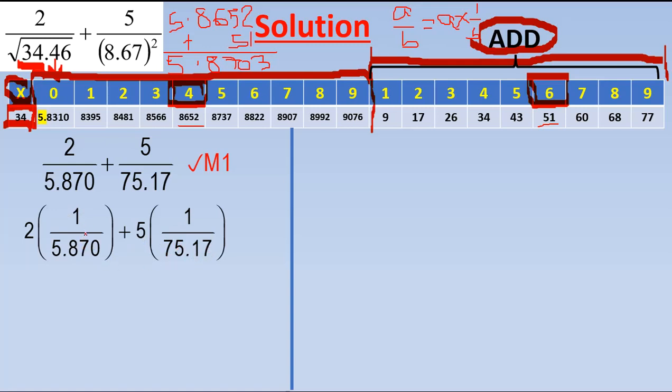So we are meant to do reciprocal here. When you say 1 over 5.870, it means the reciprocal of 5.870, and the same case applies for this one.